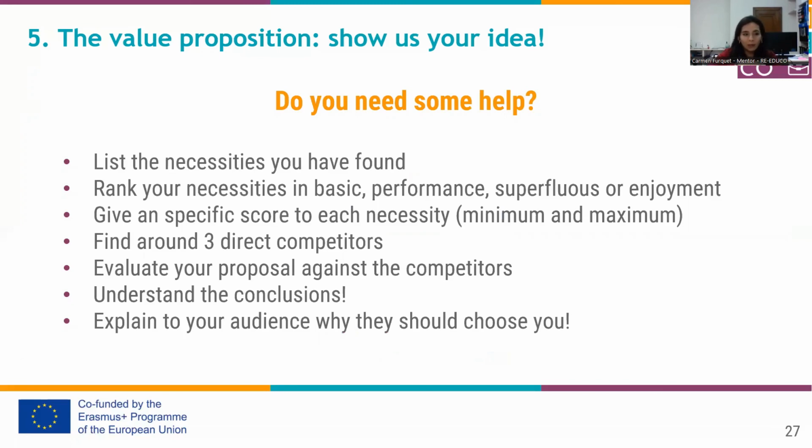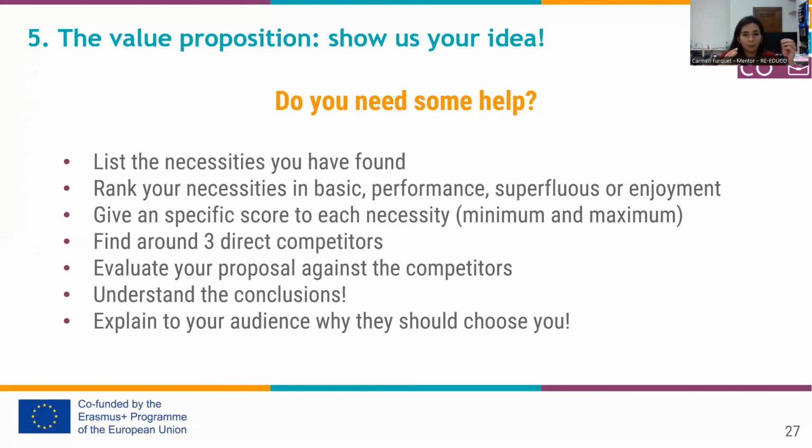If you do not meet any basic necessity, your solution is not going to be complete. Also, the performance necessities that are going to have a rank, a minimum and a maximum score, and the superfluous or enjoyment necessities that are things that do not necessarily need to be met, but they add value to your solution.